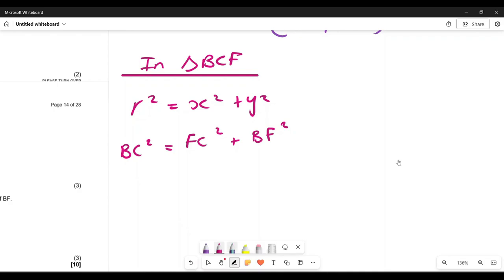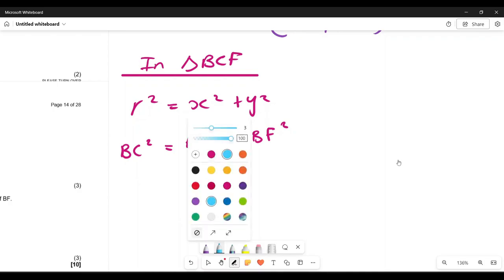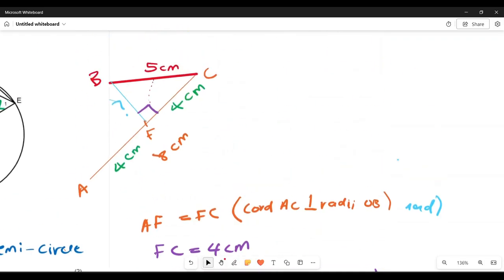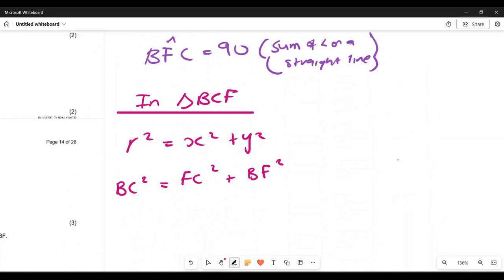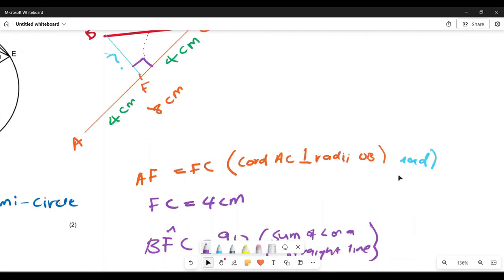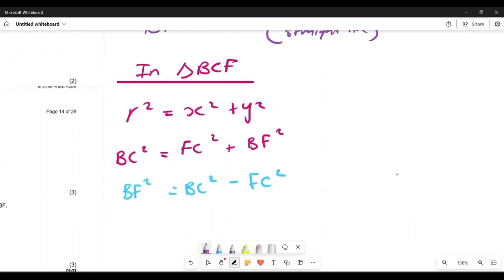Now substituting values, let's make it in terms of BF because we're looking for BF. As a result, BF squared will be equal to BC squared minus FC squared. Substituting values into this formula, our BC is 5.